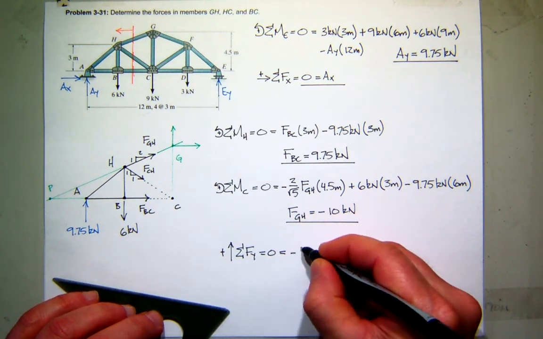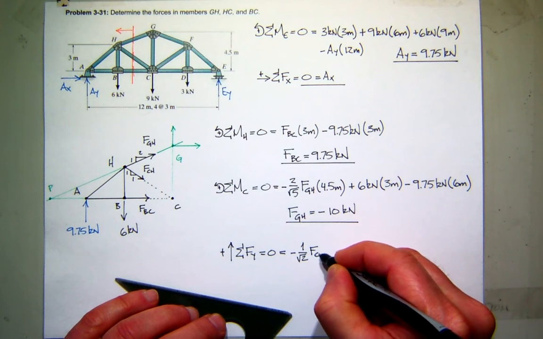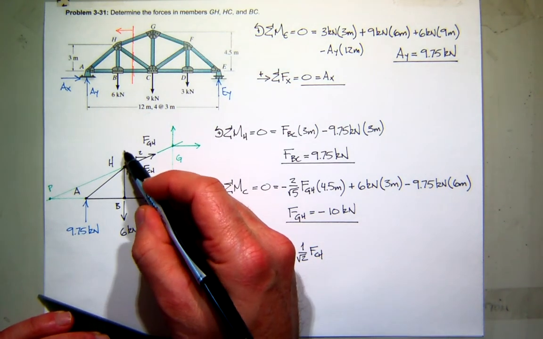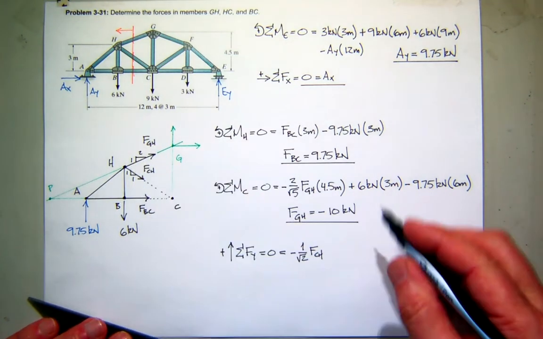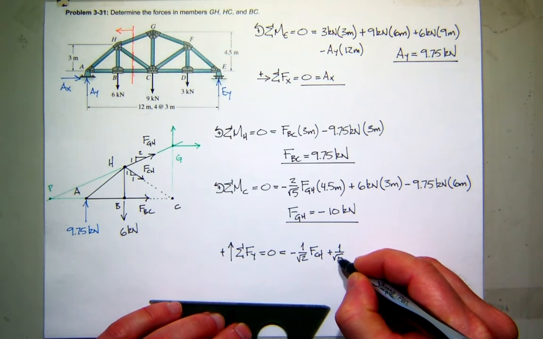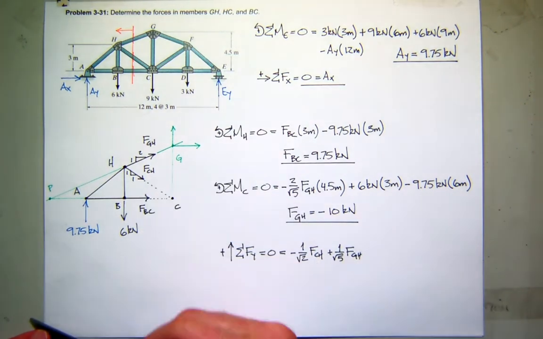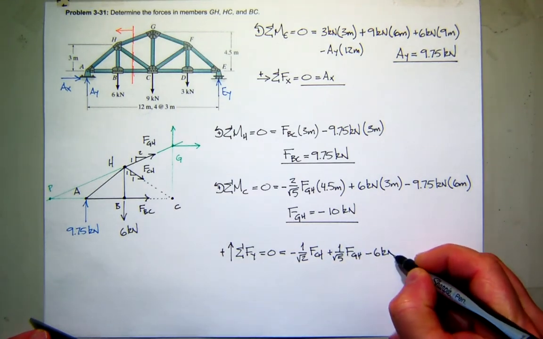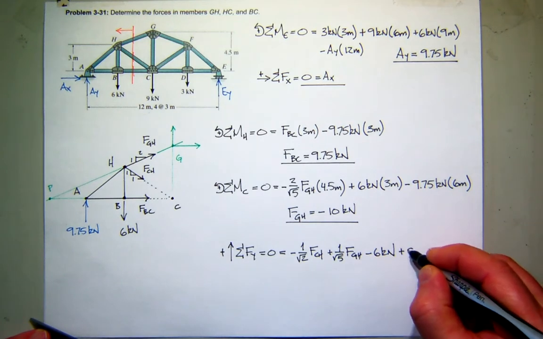So I'll have minus 1 over the square root of 2 CH. That's my unknown here. And then I want the y component of GH, which is 1 to the square root of 5 times force GH. That's acting up. What else do I have? The 6 kilonewtons is down. And my 9.75 reaction is up.